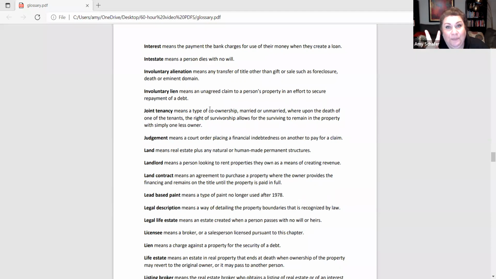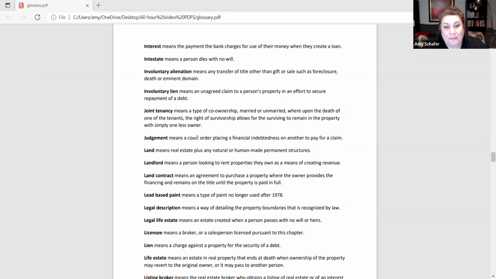Now there's two. And the other thing to know about this is what allows a surviving spouse to avoid probate upon the death of their spouse, because there's simply one less owner, they stay in the property. It's a type of co-ownership, again, for married or unmarried couples.